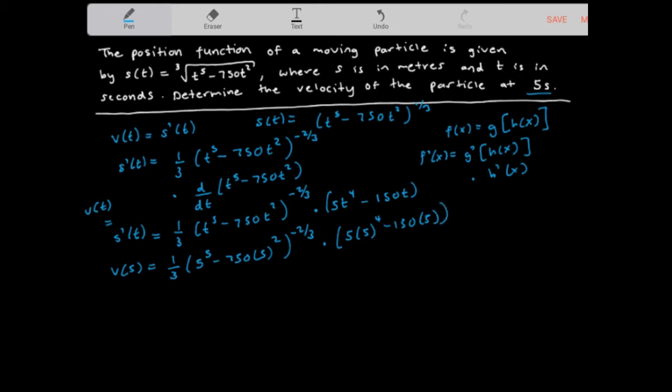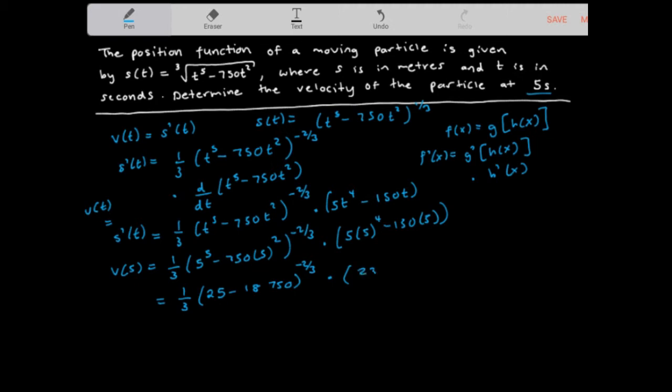Okay, so if you want to crunch this out, this is 1/3, this is 25 minus 750 times 25, which is 18,750, to the power negative 2/3, times, in this case, 5 times 5 to the power 4, so the numbers are quite extensive, minus 150 times 5.